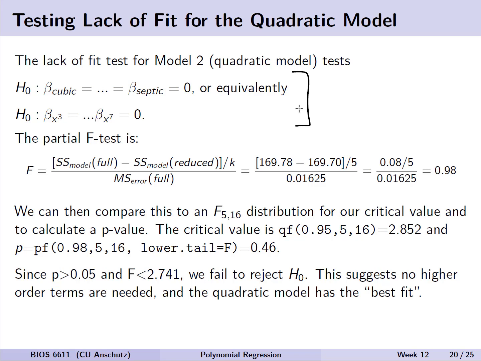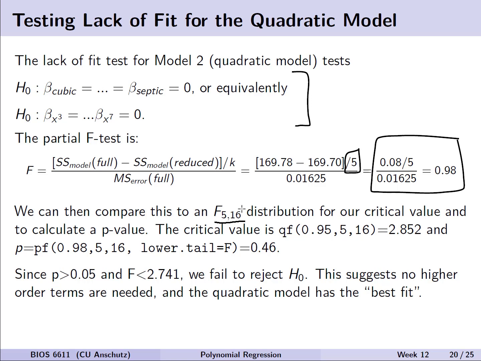In other words, it's not worth adding any higher order terms because our model is adequately described with the quadratic model here with that 2nd power. Again, taking the information we had on the previous slides, we can first note that in this case we have 5 values, the 3rd, 4th, 5th, 6th, and 7th terms, that are removed from that full model with the highest order possible term. And plugging in our information, we see we have a much, much smaller f statistic of 0.98.